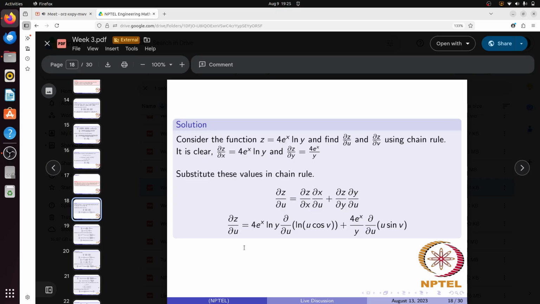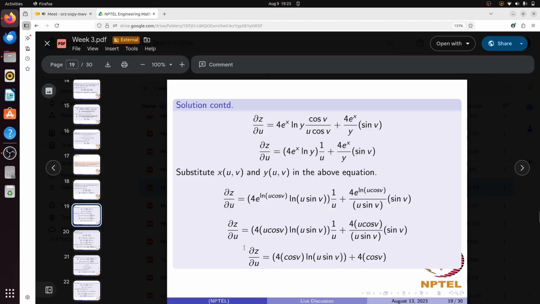Just be cautious while solving with these ln and sin cos terms, because sometimes we forget to put the minus sign and all, so then our answer gets stuck and we get 0. So please do not make those mistakes, and it will have some muddy calculation. I will not read the calculation.